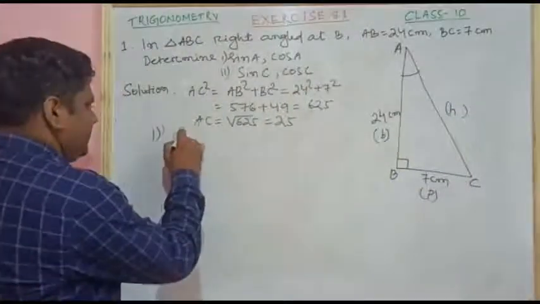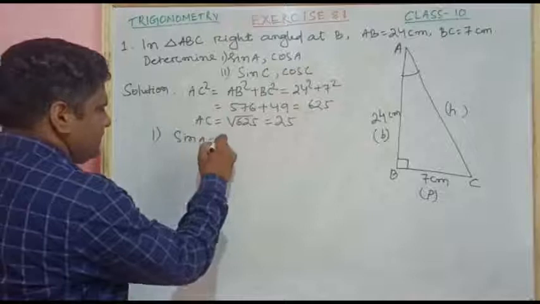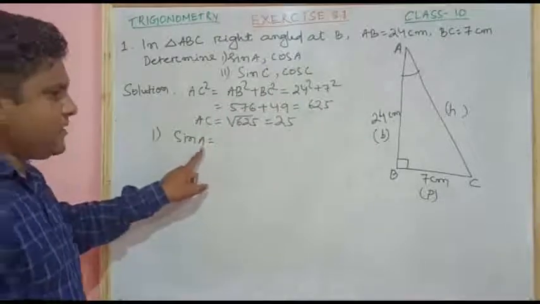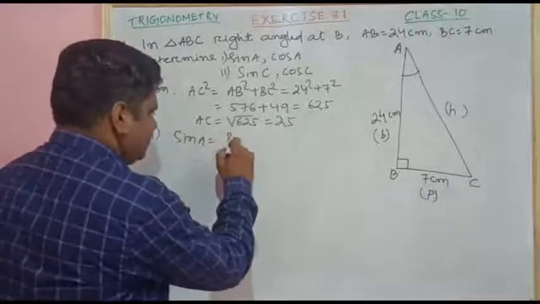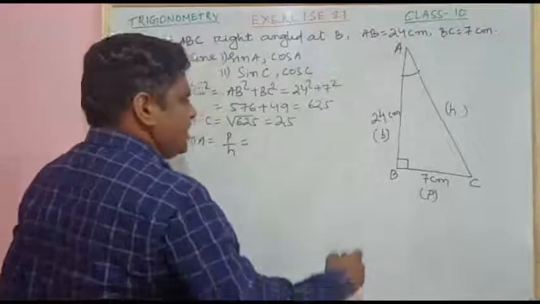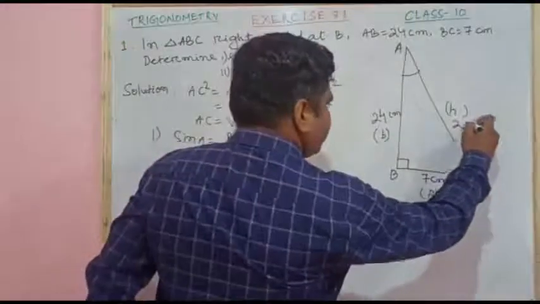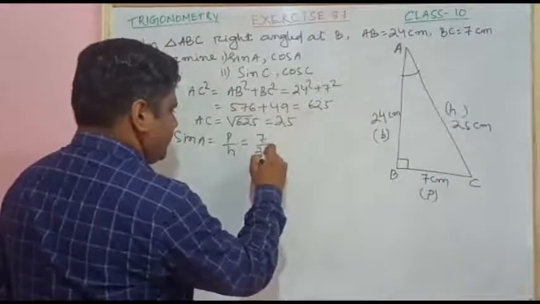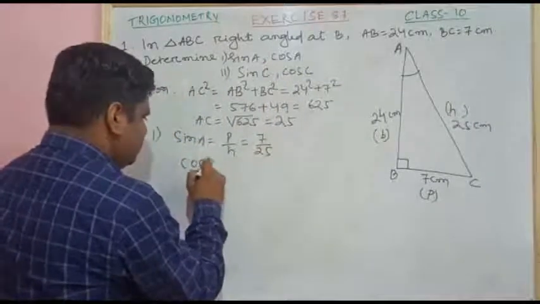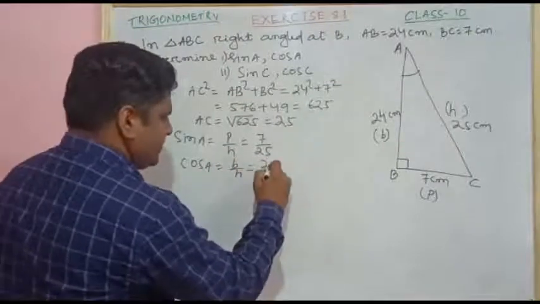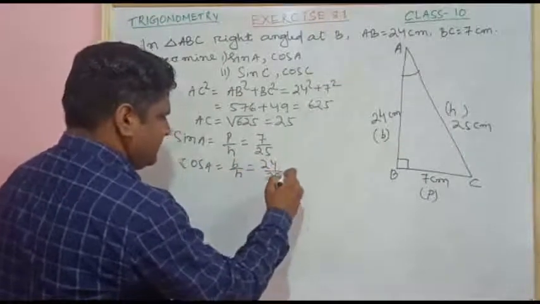So sin A, sine of angle A is perpendicular by hypotenuse, P by H. So perpendicular is 7 and hypotenuse is 25 cm. So it will be 7 by 25. Cos A equal to base by hypotenuse. Base is 24 and hypotenuse is 25.